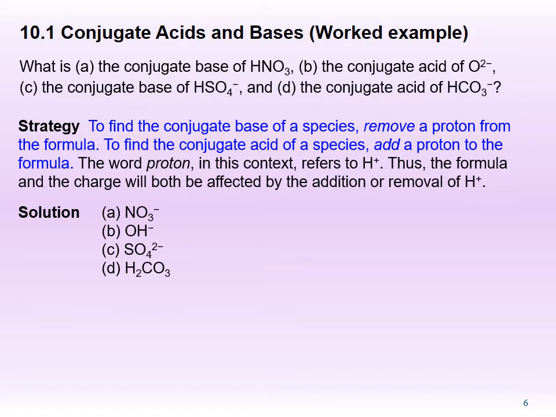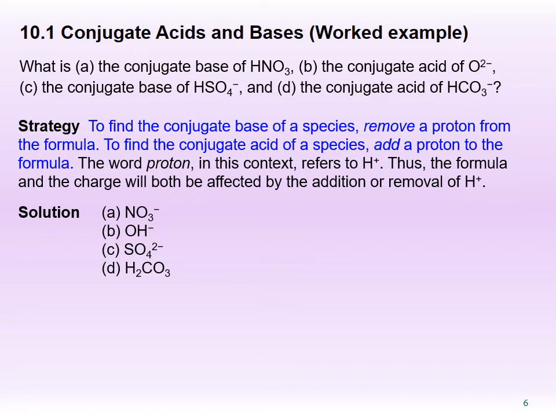Part C. A conjugate base is the leftover species of an acid after the acid gives away H+. If we are asked for the conjugate base of hydrogen sulfate ion HSO4-, HSO4- must be the acid. Remove H first. HSO4- minus H gives SO4.